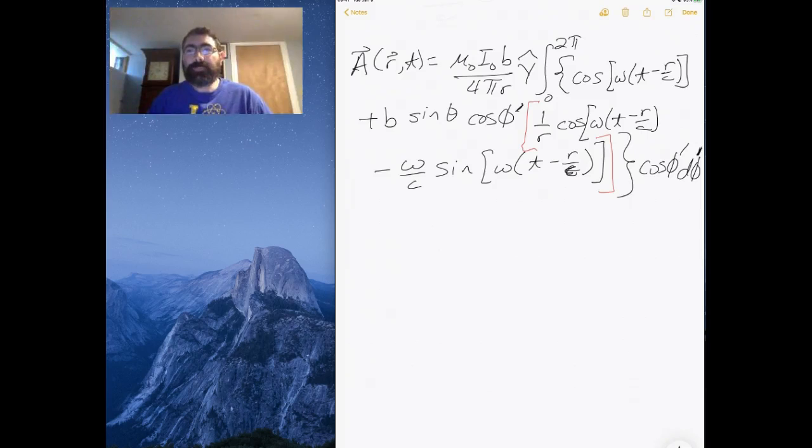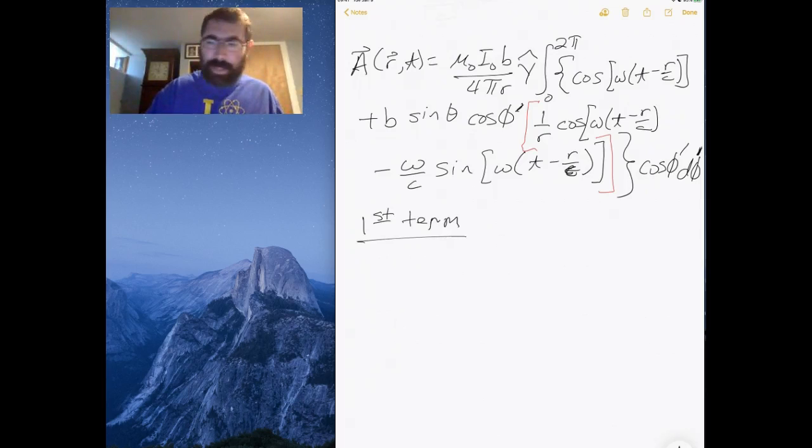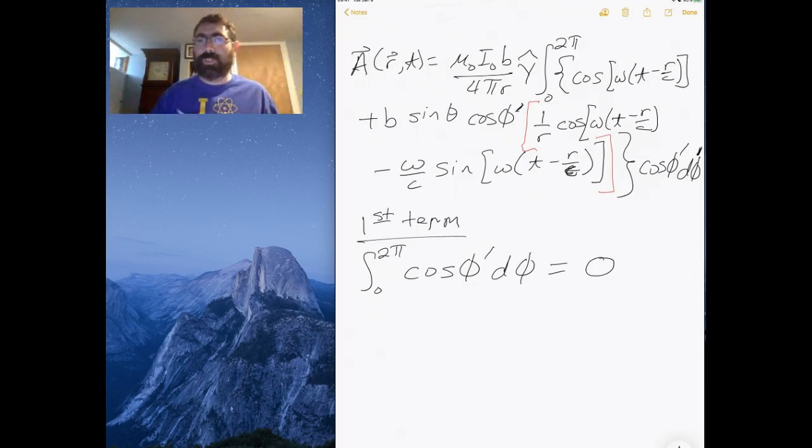Okay, so now we've reduced it down to essentially two terms: one that goes as cosine and one that goes as cosine squared. If I look at the first term, that is the integral of cosine phi d phi, which is 0.